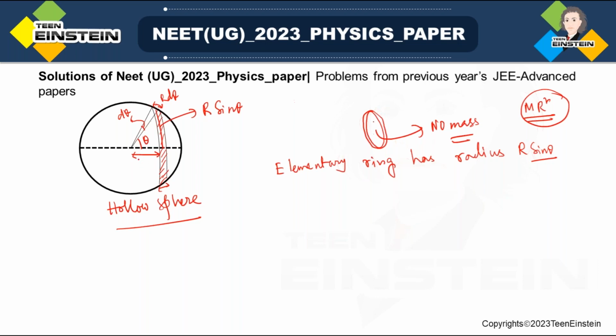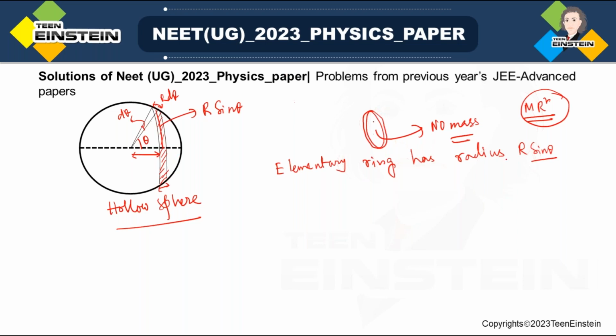I should not take any variation in this way because the variation will be taken care of by theta along this direction. I have taken this one as one ring; I would have taken one more here, another one here. So I first take this elementary ring, do all the calculations for this particular one, as we did for the elementary disk in the solid sphere, and then we will just integrate it.